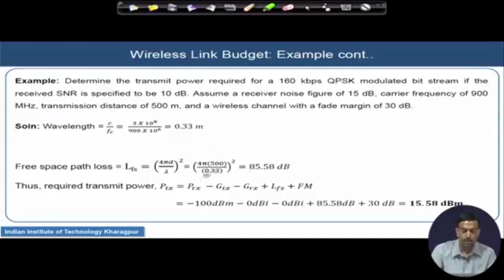So finally, we put together all the terms. We know that the receive power basically is the transmit power plus the gain, that is the antenna gain at the transmitter and the receiver, minus the free space path loss, minus the fade margin, which is basically the value accounting for signal fading in the wireless channel.